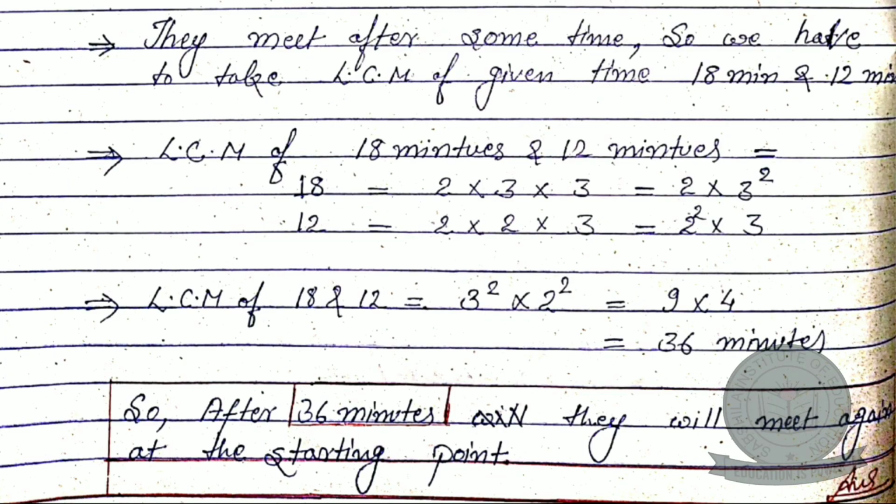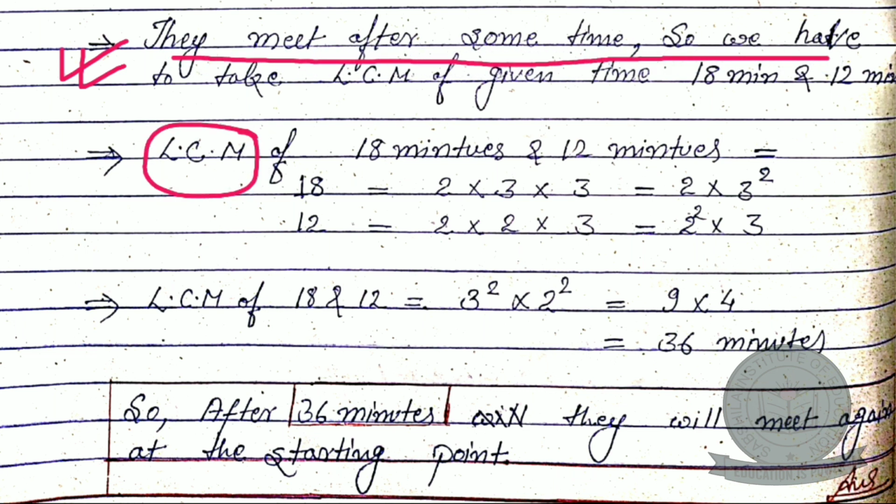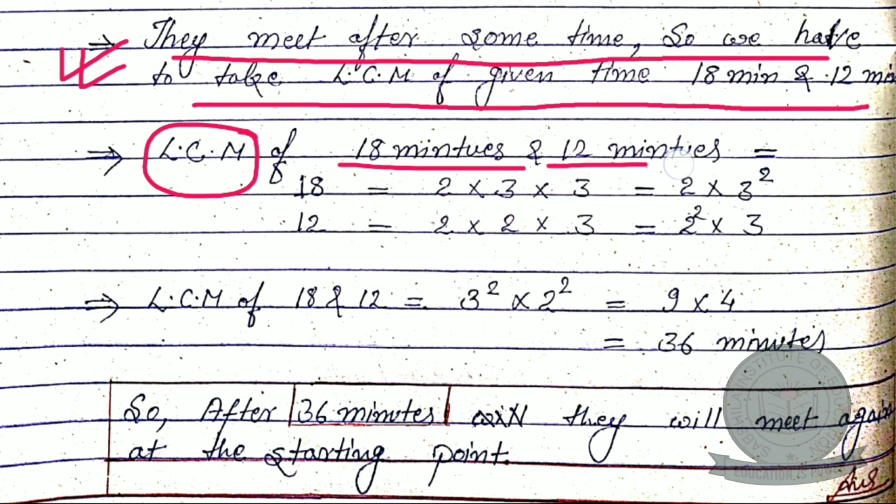Whenever we get this type of question, we have to find the LCM. They meet after some time, so we have to take the LCM of the given times. 18 and 12 are the times. So we have to find the LCM of 18 minutes and 12 minutes. The prime factorization of 18 is 2 into 3 into 3, that is 2 into 3 square.